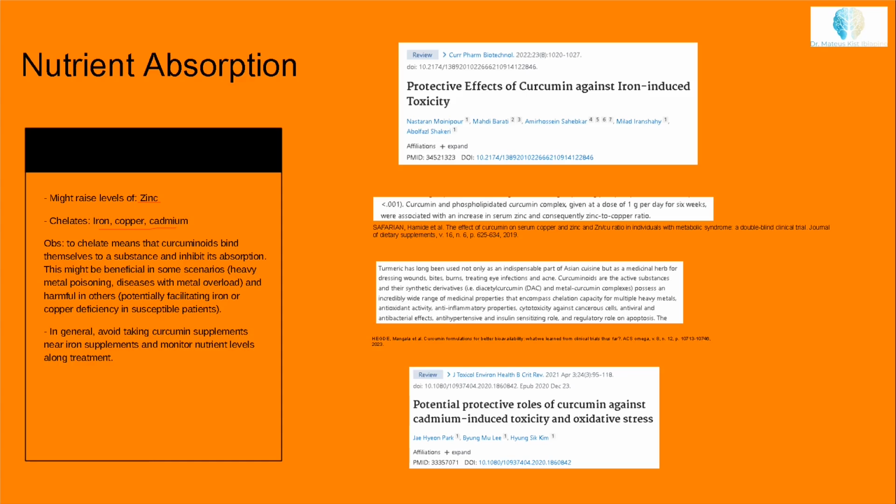Most people will not be harmed by this. Most people don't develop anemia because they use curcumin. But some people might have a susceptibility, so it is interesting to monitor the levels of these nutrients to see if for that particular person a harmful effect is happening or not.